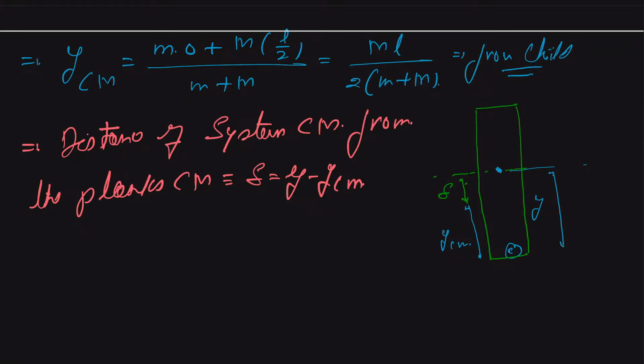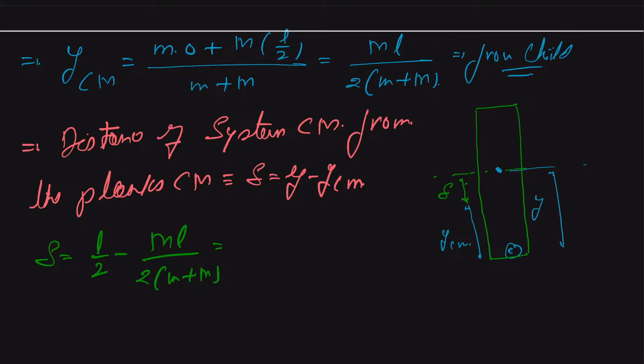We get delta is equal to y, which is L by 2, minus YCM, which we just calculated as capital M L upon twice m plus capital M.